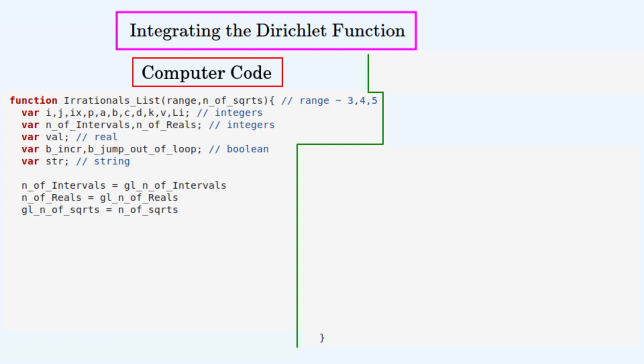N of intervals is the number of intervals in the partition, which is 19 in this case, like before, because we're using the same partitions. N of square roots is the number of square roots that we're using, like the square root of 2, the square root of 3, etc. We'll set the global variable to be equal to this value.